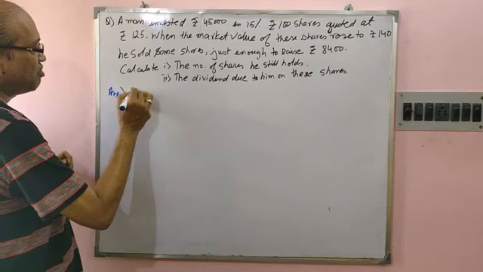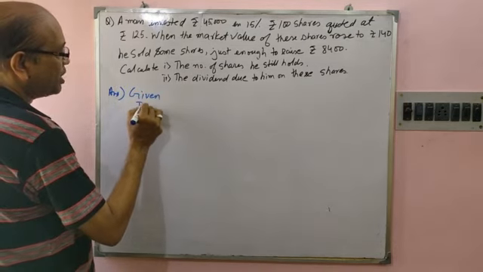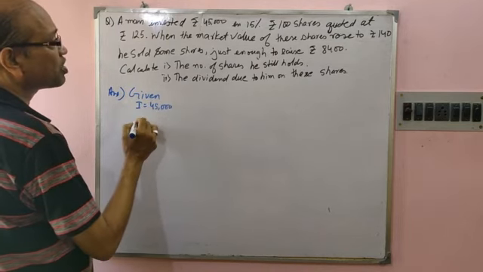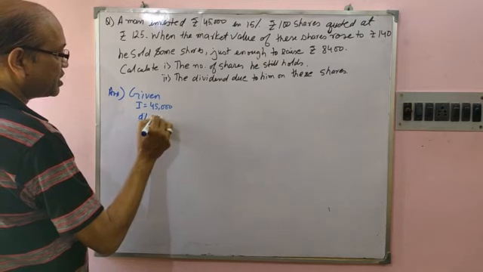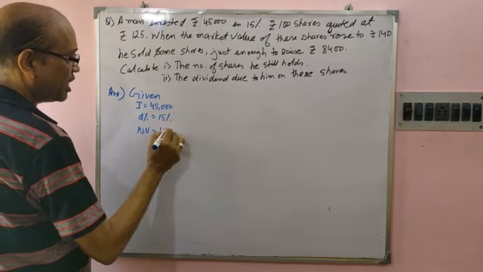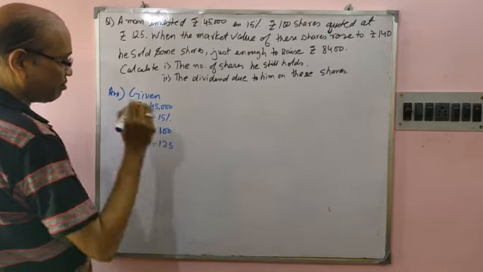Like before, what is given? Given investment is 45000. D percent is 15%. Nominal value is 100. Market value is 125.